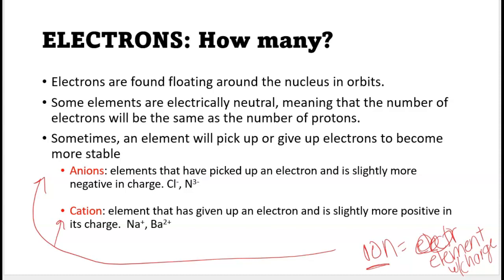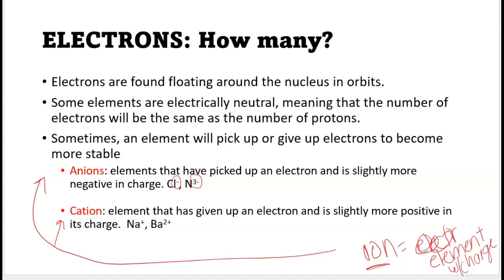An anion is an element that is negatively charged because it's picked up some electrons. It's gained some of those negatively charged particles, so it becomes overall more negatively charged. You can tell an anion because up here we put a superscript that shows that it's negative, meaning that it picked up electrons, and how many electrons it picked up.